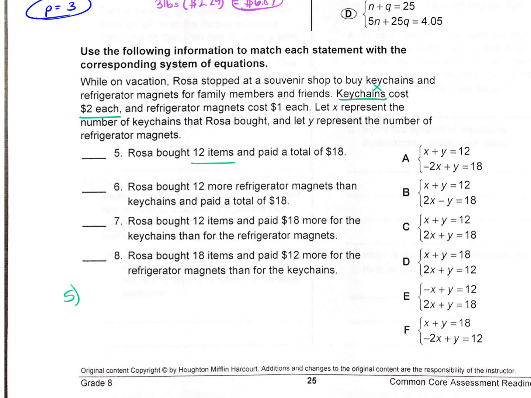And we know that the refrigerator magnets are $1 each, and they're represented by Y. So I'm going to look at number 5 and say, well, my first equation is the items, and it's that X plus Y equal 12. The second equation would be the amount of money. Well, and that's 2X plus 1Y equal 18. And that matches answer choice C. So we're done with that one.